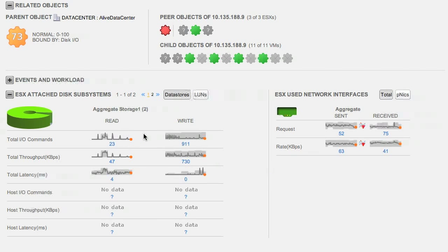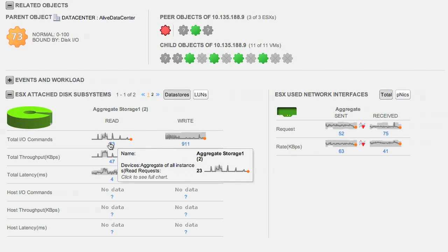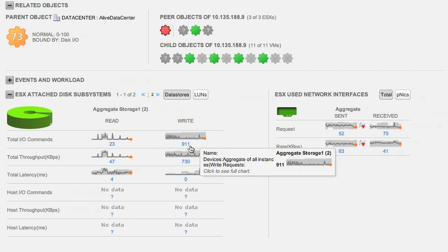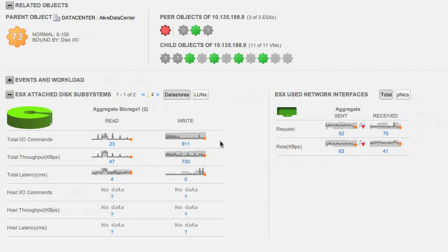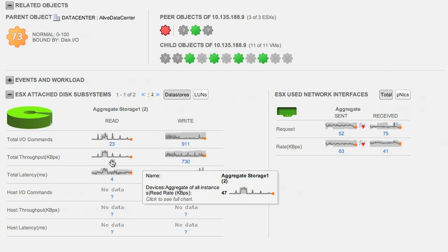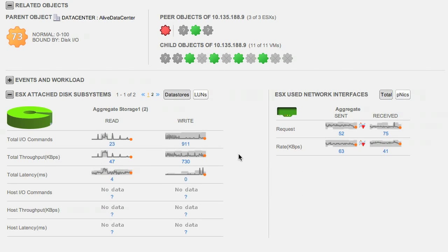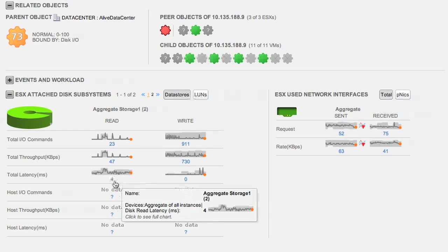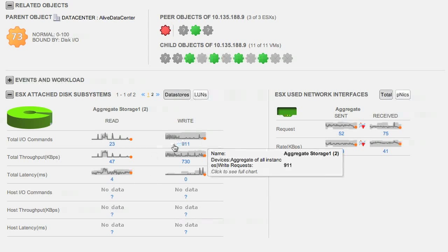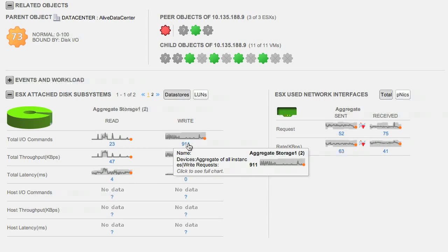So we can see that this data store isn't reading very much, only about 23 IOPS, but it is writing a lot, about 911. The total throughput isn't that high. It's 47 on the read side, 730 on the write side. We are getting some latency though in our reads, about 4 milliseconds. And that's possible from this high level of writes that we're seeing.